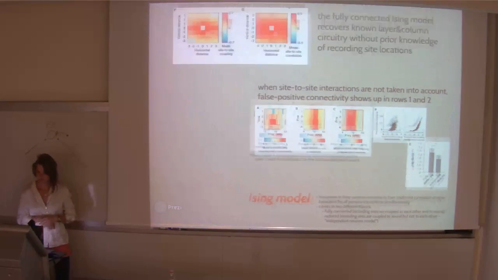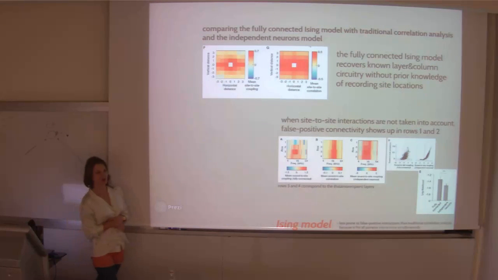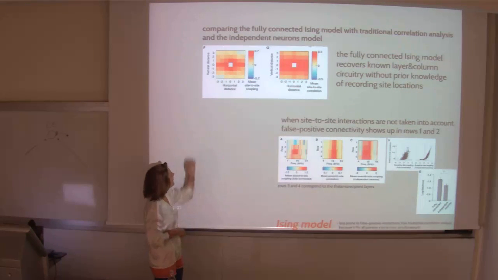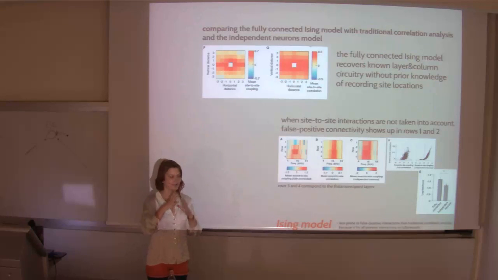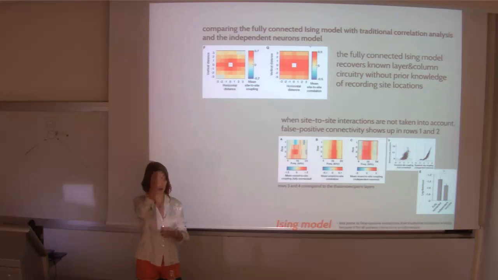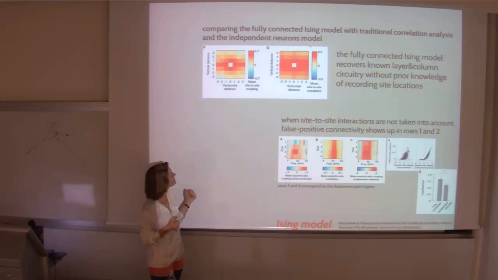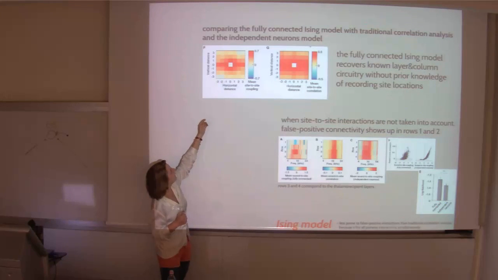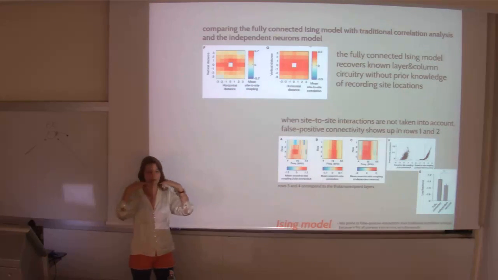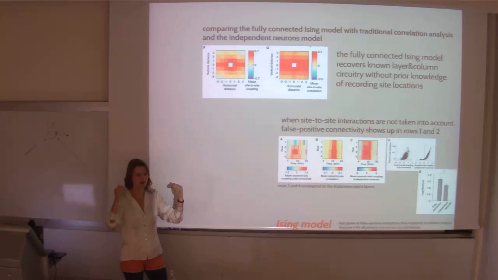And then, another cool thing that this Ising model does is you can actually see this structure that we know about, the columns and the layers, emerge from how the analysis works. So, if you look here, the correlations in a layer are much stronger than correlations in columns.